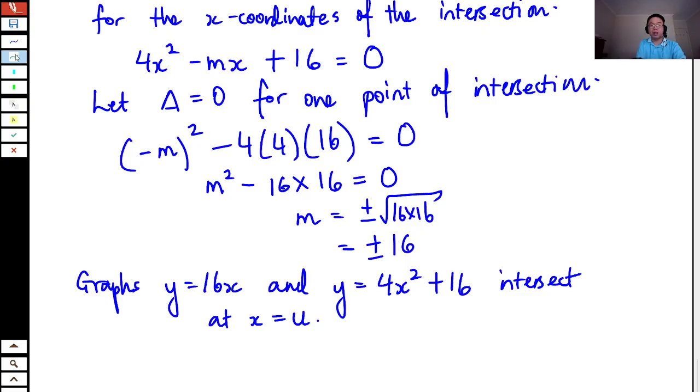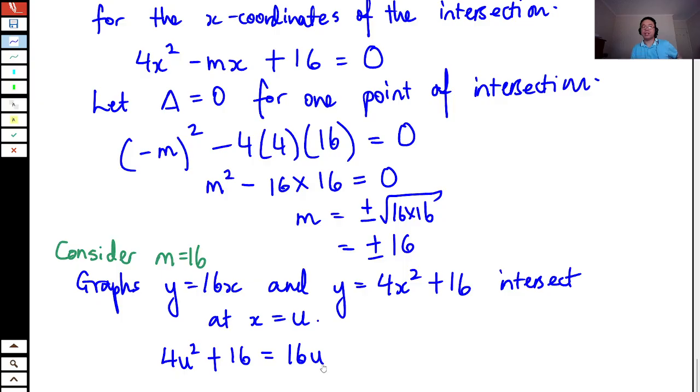So what I'm doing here is I'm saying consider the case m equals 16. Then what's going to happen is I'll have 4u squared plus 16 equals 16 times u. What I've done is I've substituted x equals u into the equations because this happens specifically at x equals u, the point of intersection.